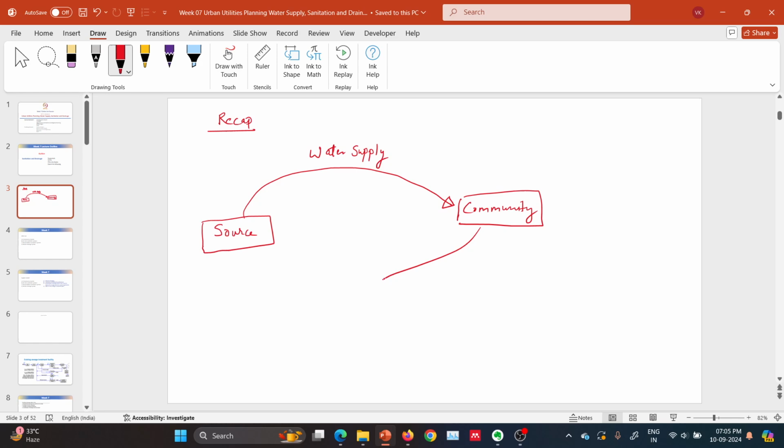And from the community, if we are directly or indirectly supplying it back to the source, this is wastewater. And here also the treatment is required. Some treatment.